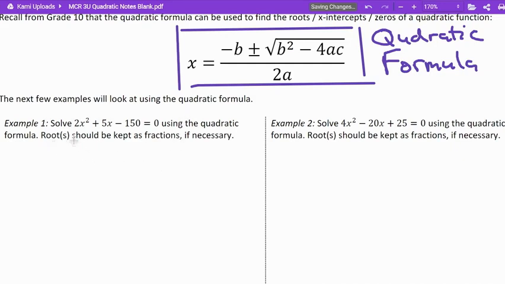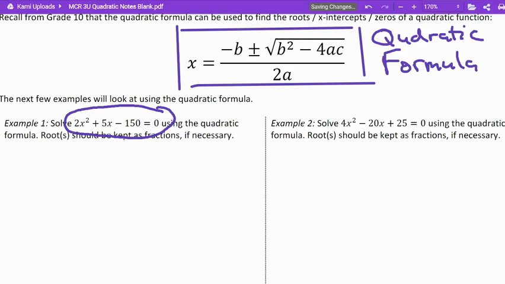Now notice, if I have this equation, am I finding x-intercepts and zeros or roots and solutions? Roots and solutions. Why? Because it's equal to 0, so it's an equation and not a function. Yeah!